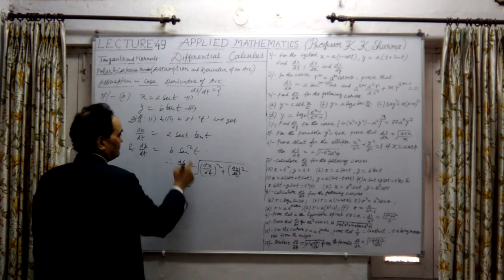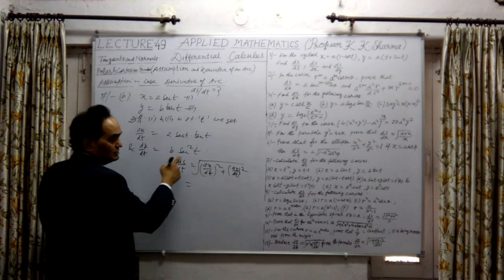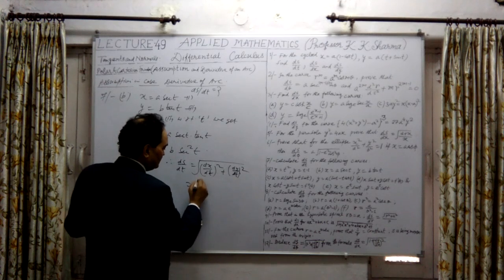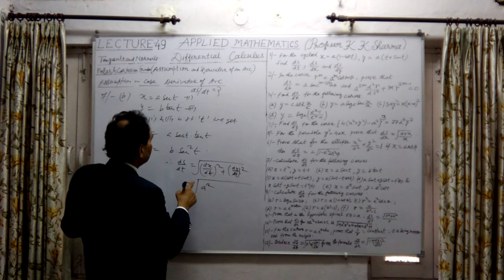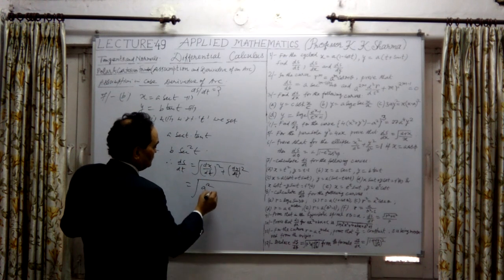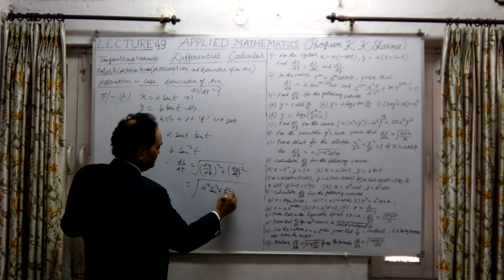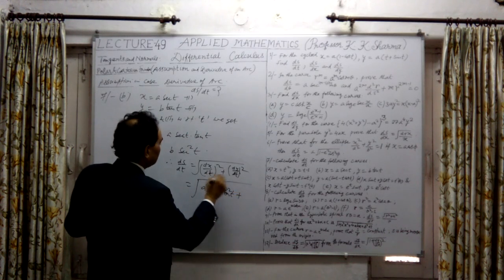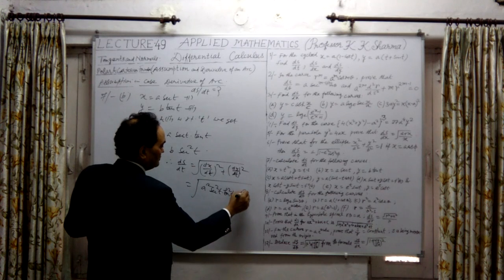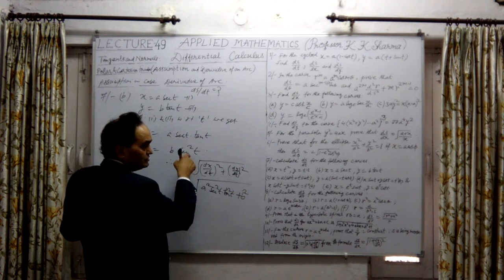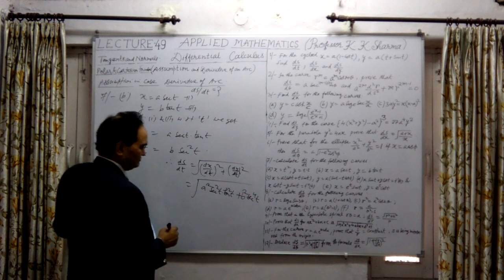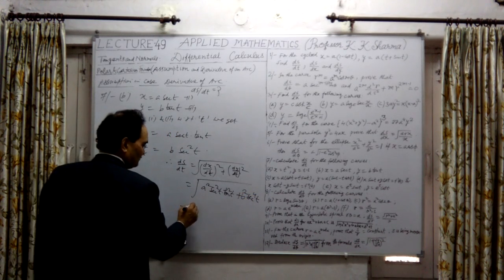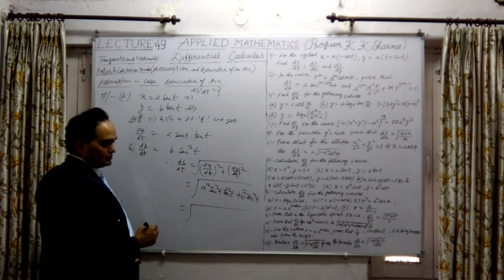Substituting these values, it will give us a square secant square t tangent square t plus b square into sec square t, which is already there, so it will be sec power 4 t.